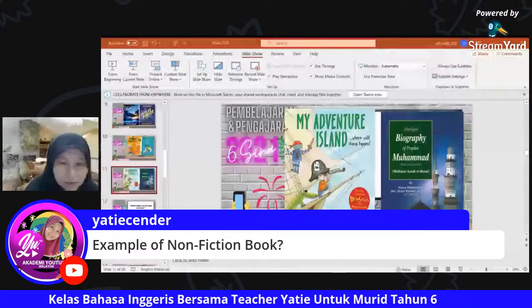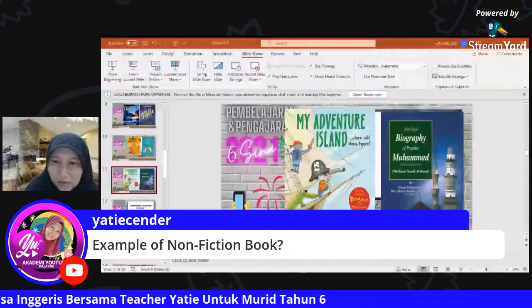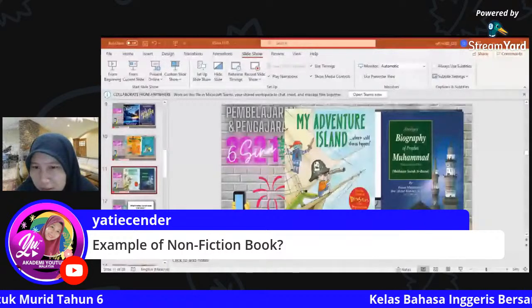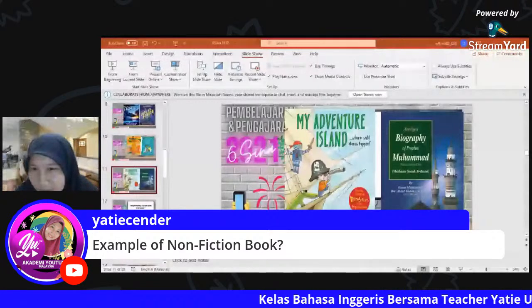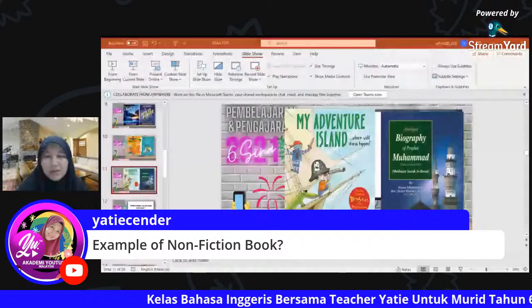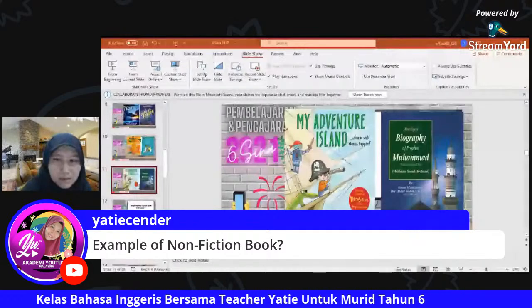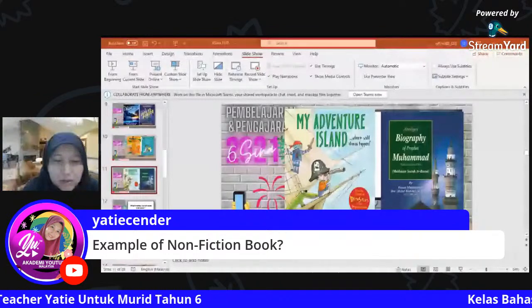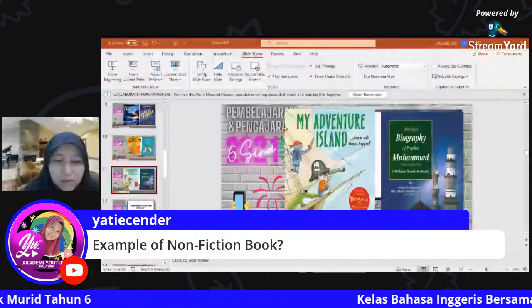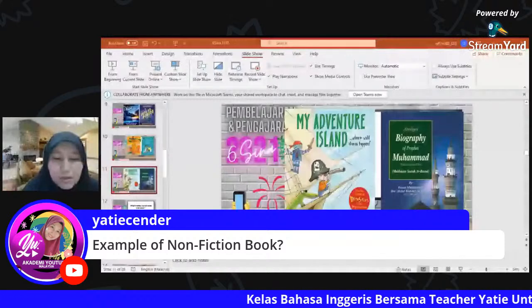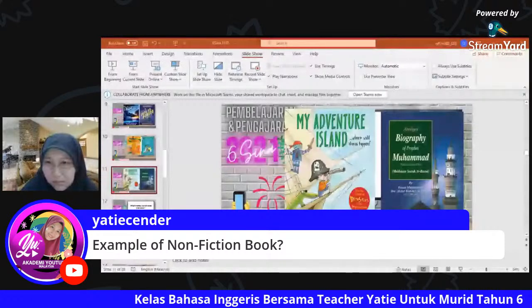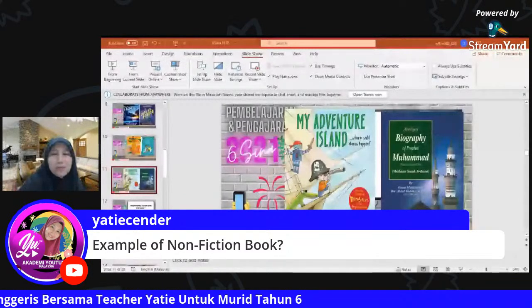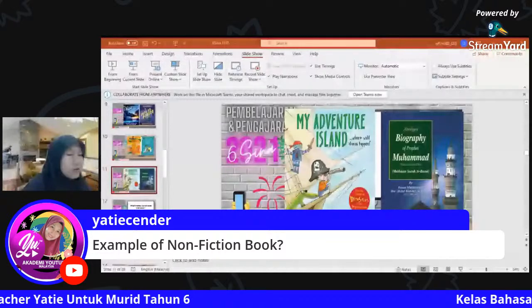Okay, which you can see science fiction, history, okay, here are some examples of non-fiction books which contain factual information.